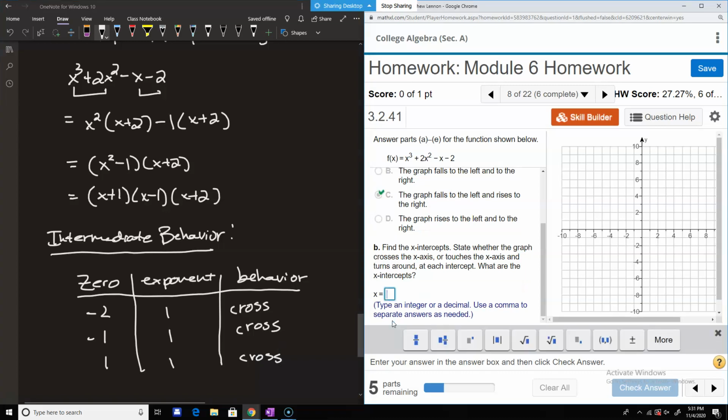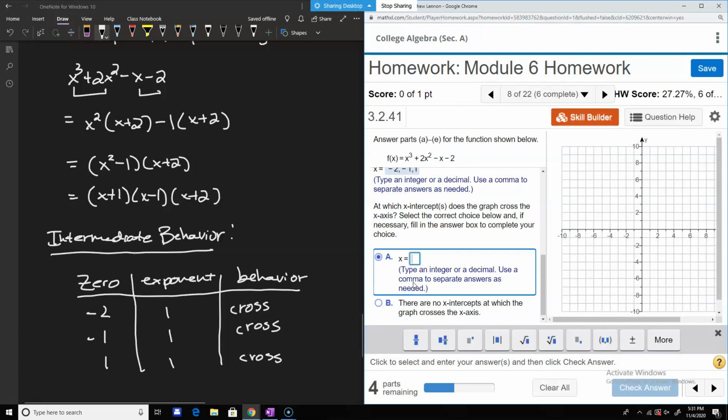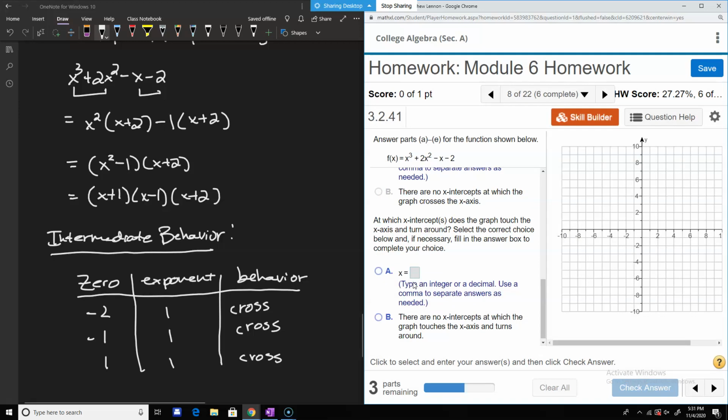So our x-intercepts are -2, -1, and +1. Which intercepts does it cross? It crosses at all three. Comma 1. Which intercepts does bounce? Doesn't do that at any.